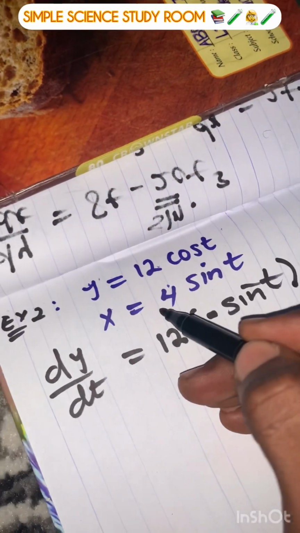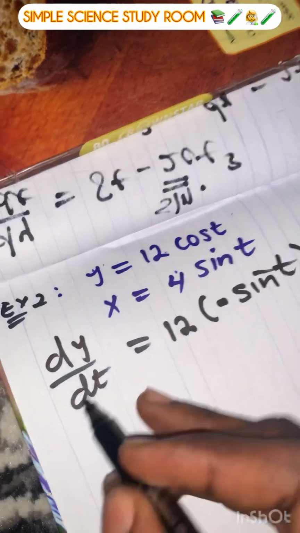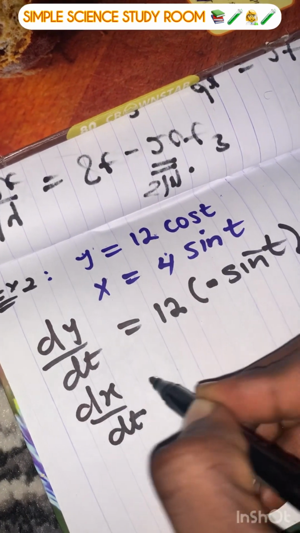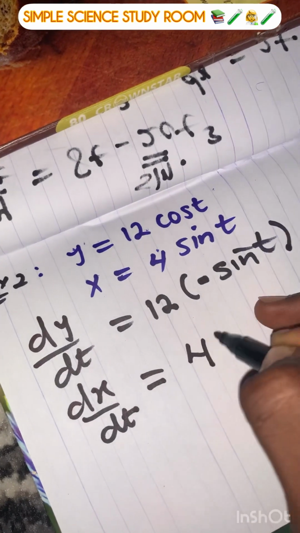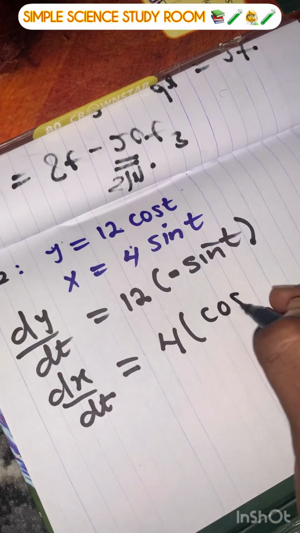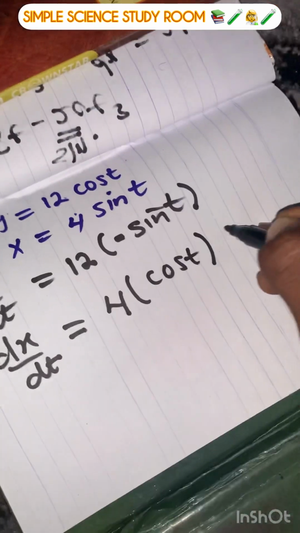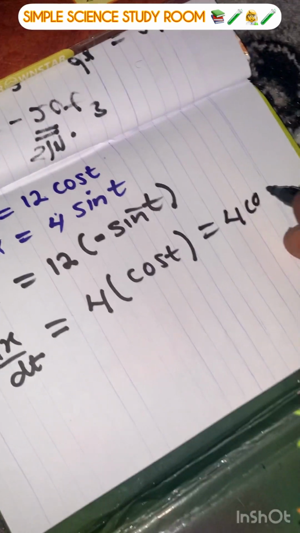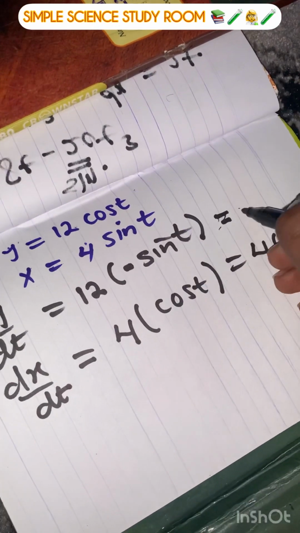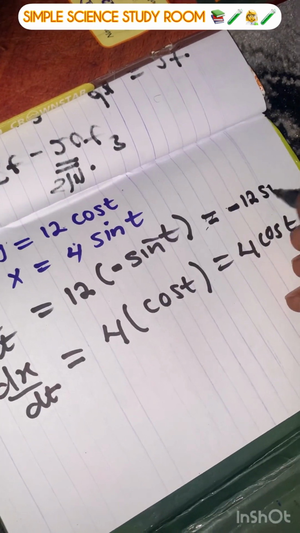Then for this function, x is a function of t. We go further and find dx by dt equals 4, and the derivative of sin t is always cos t. Therefore this is 4 cos t.